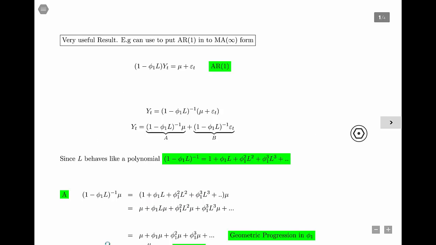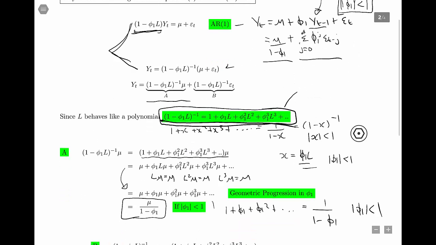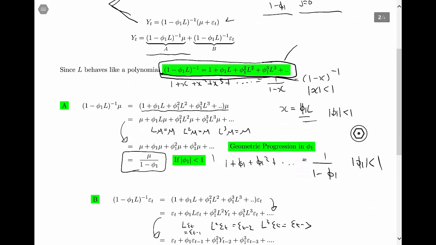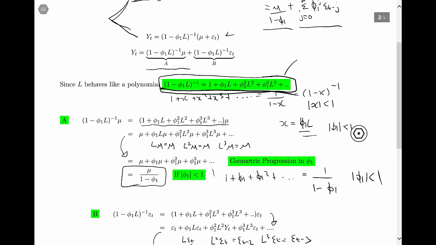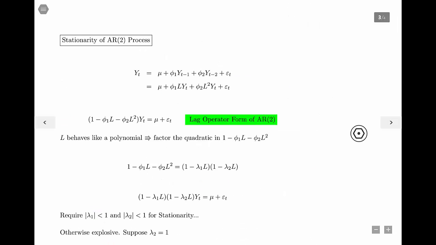We gave another example showing that treating L as a polynomial gives the MA infinity. So again, this is a key result. You need to know that we can treat L as if it were a polynomial, and we can then use this lag operator variable to derive the properties of models. It comes in handy for more complex AR type models.